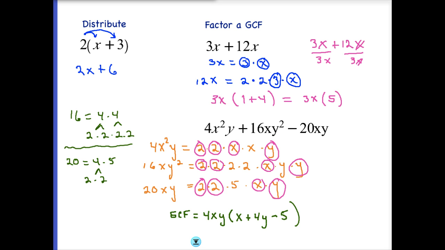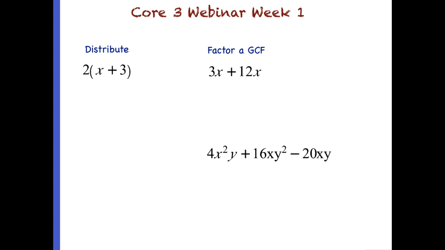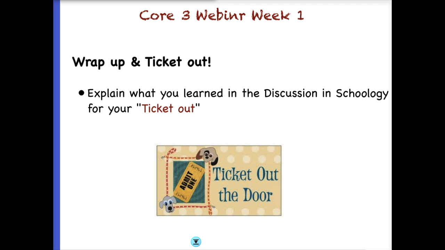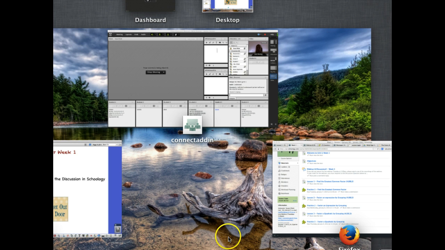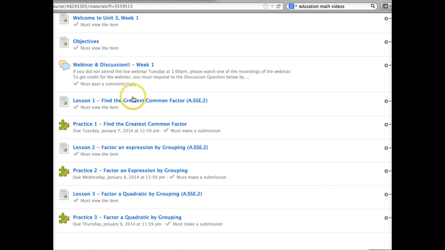All right, you guys. So wrapping up today, what you guys learned is very important because you're going to be factoring in quadratics and you're going to need to know how to pull out the greatest common factors. So what I want you guys to do for your ticket out is to go into the discussion in Schoology, and I'm going to show you guys that really quick just so there's no confusion.